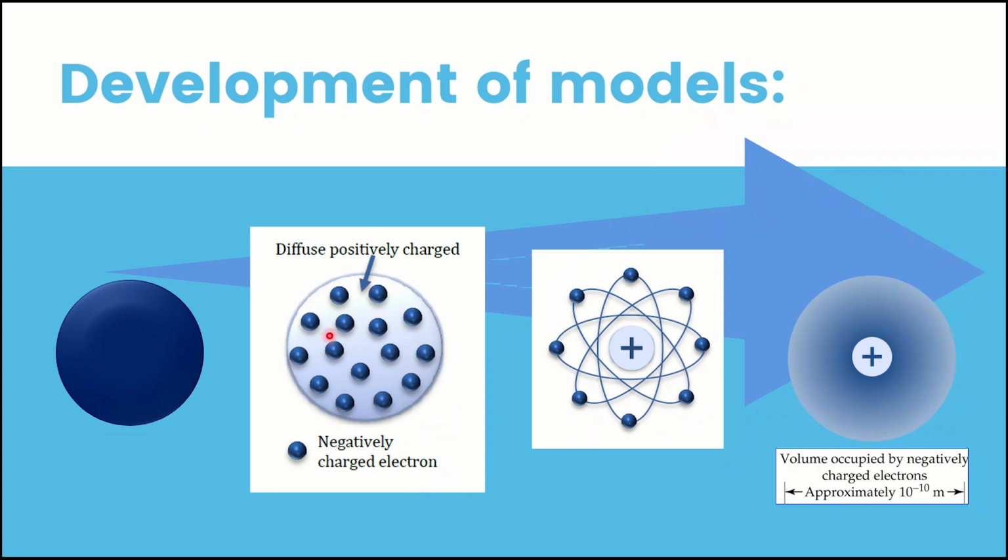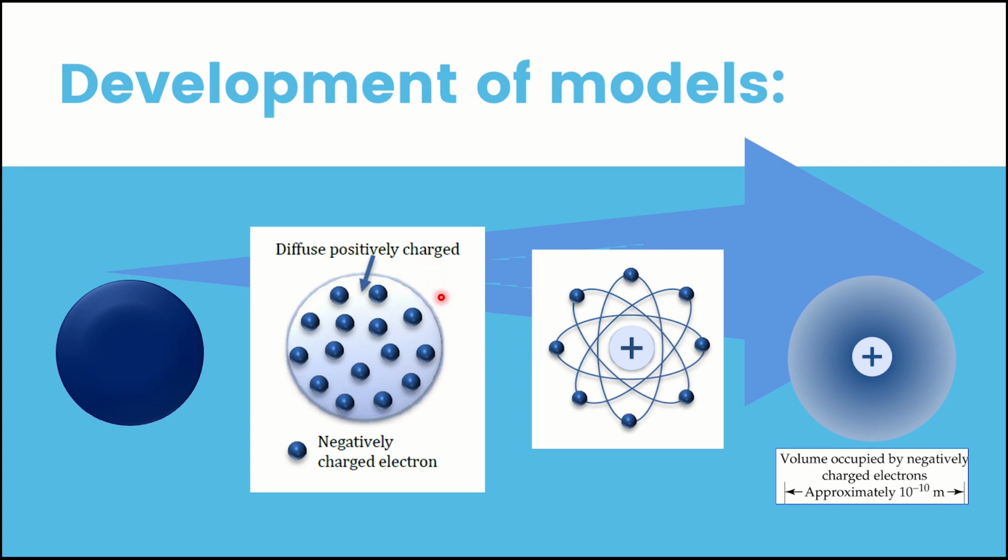Electrons are distributed in this area of the positively charged because the atom itself is regarded as neutral when we discover the electron that is negatively charged. It has to be balanced with a positively charged to make neutral atom.